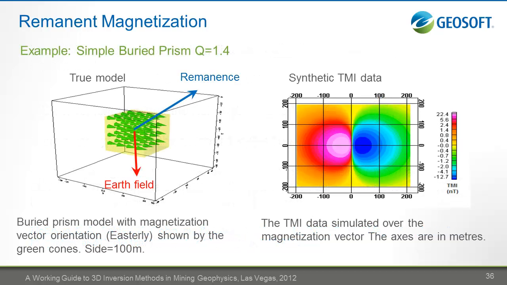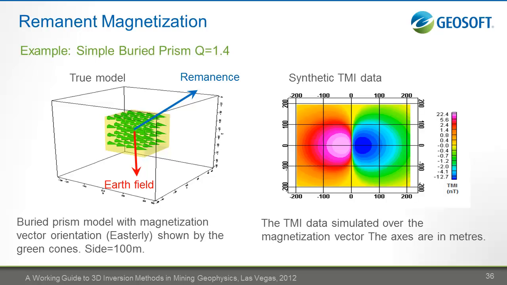So now let's look at a simple example of magnetization vector inversion in the case of remanent magnetization. What I'm showing on the left-hand side here is a simple model, the obligatory prism in a half space, and I have a remanence direction shown by this blue arrow. I have an inducing field of the Earth's field in the vertical downward direction. These directions are simply shown to make the interpretation of the results easier to understand.